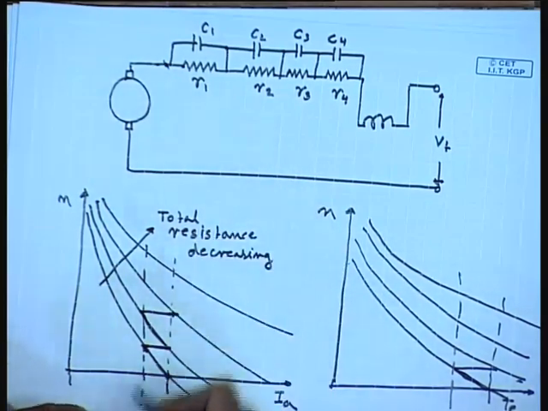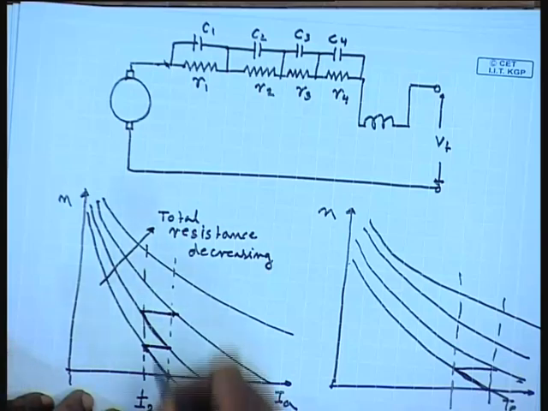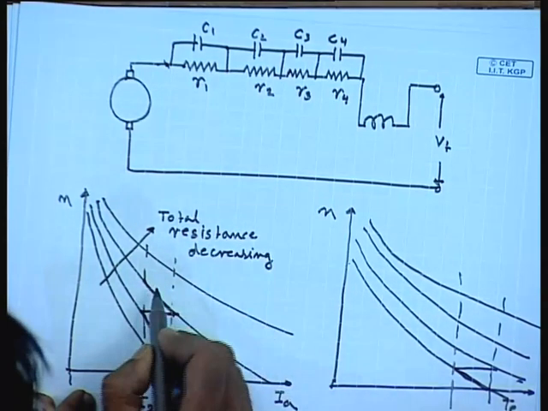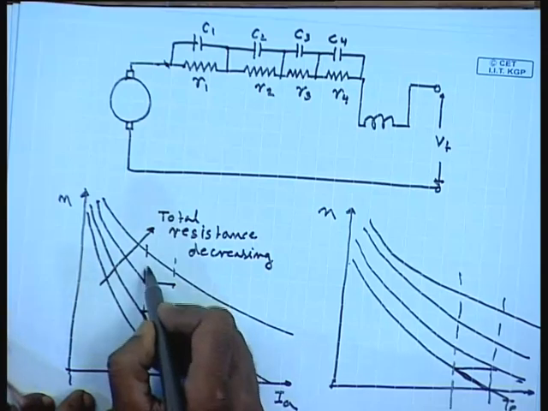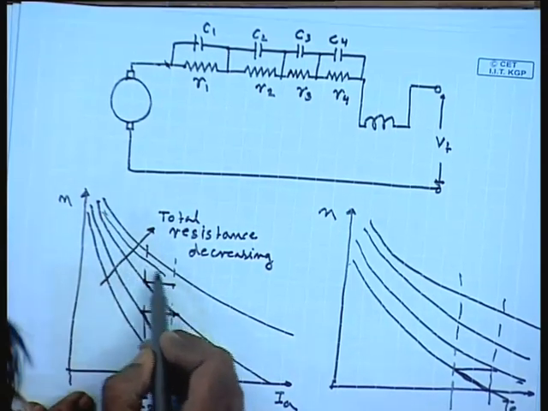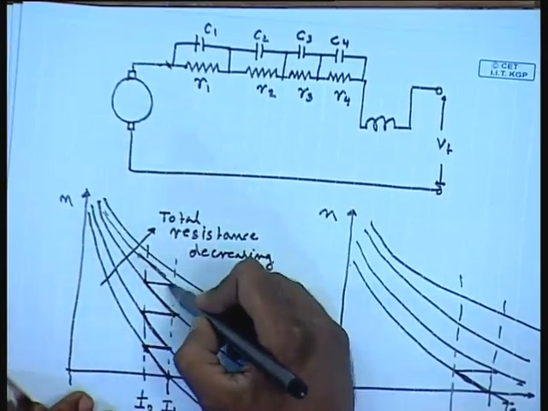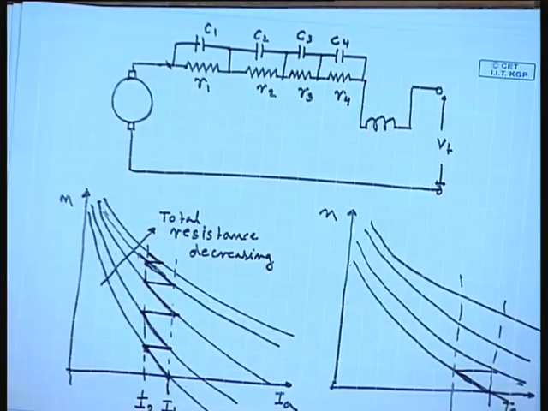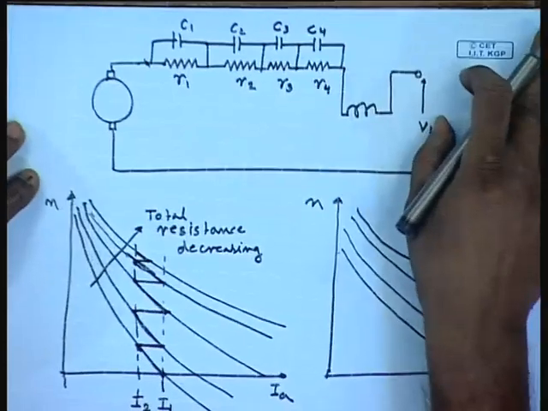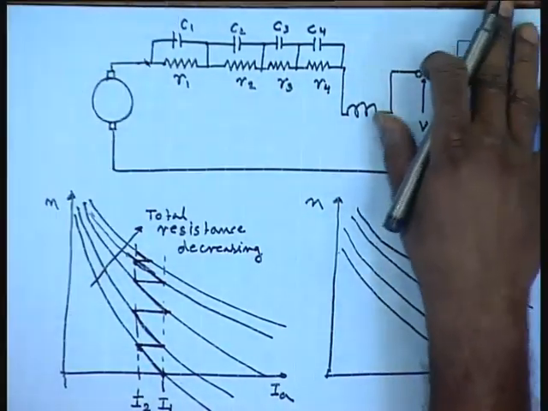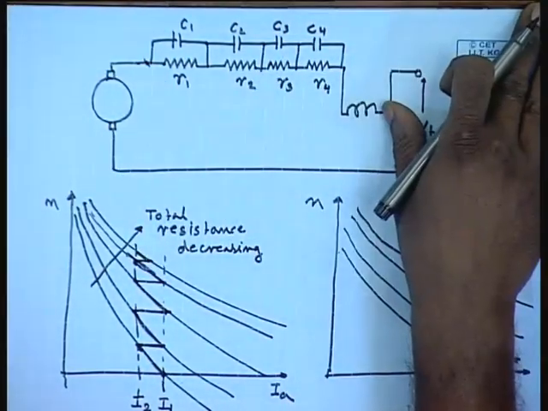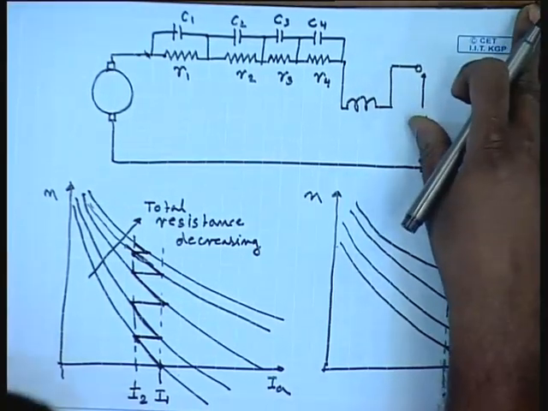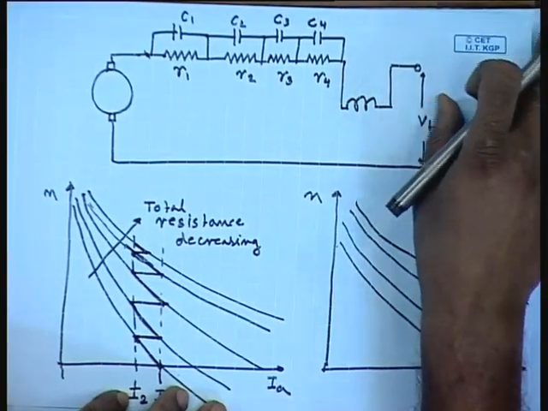The current again jumps and we keep on doing this till we arrive at the natural characteristics of the machine. So, here also we see that we can arrange sectionalized resistance and gradually reduce them in order to get an almost constant starting current and starting torque.